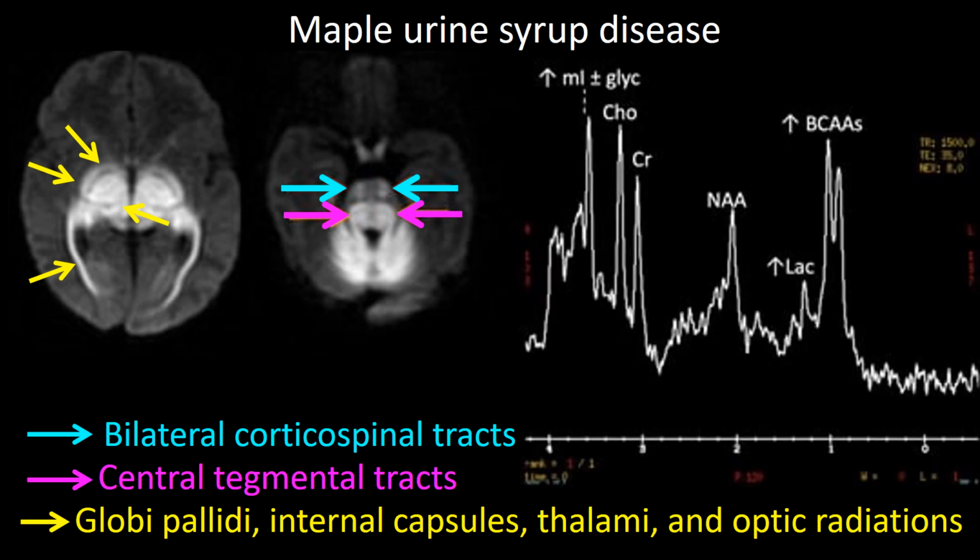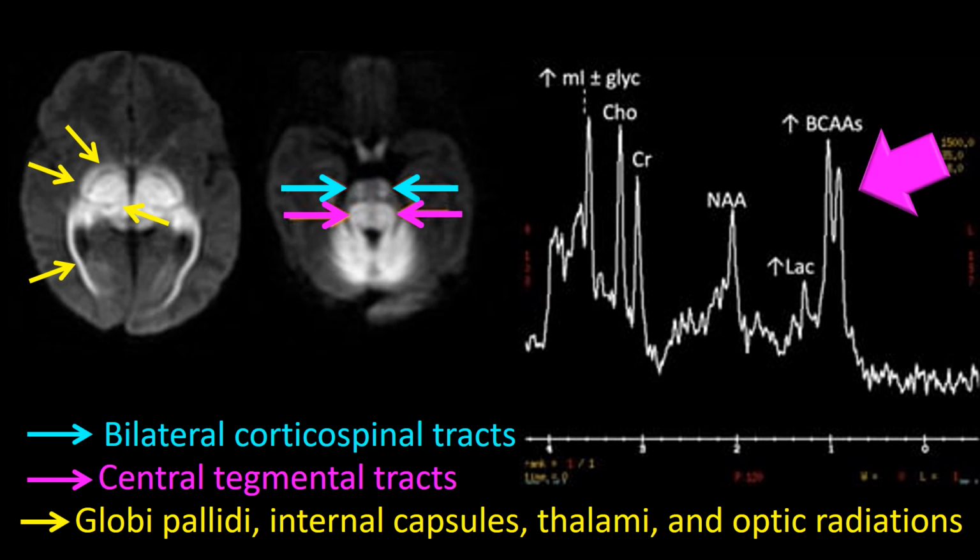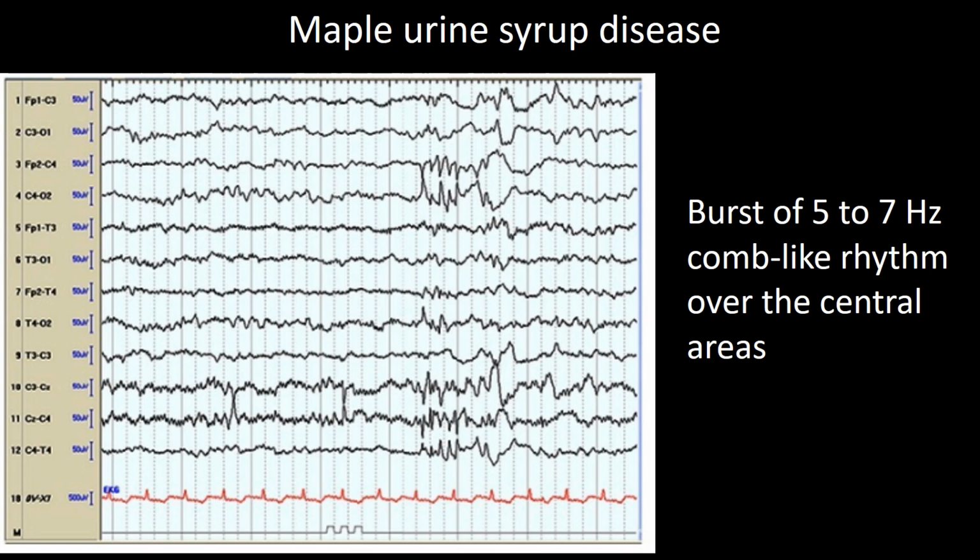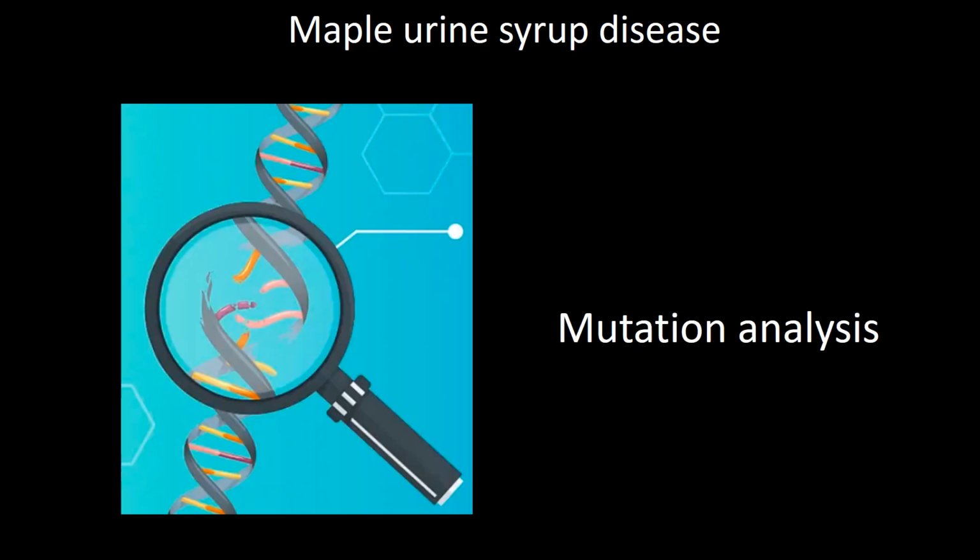MR spectroscopy shows a characteristic broadened peak complex at 0.9 ppm that inverts. This pattern is characteristic for branched-chain amino acids and ketoacid accumulation. The EEG in patients with maple syrup urine disease may show bursts of 5 to 7 Hz comb-like rhythm over the central areas, as you can see here on the right. The final diagnosis is established by genetic analysis.